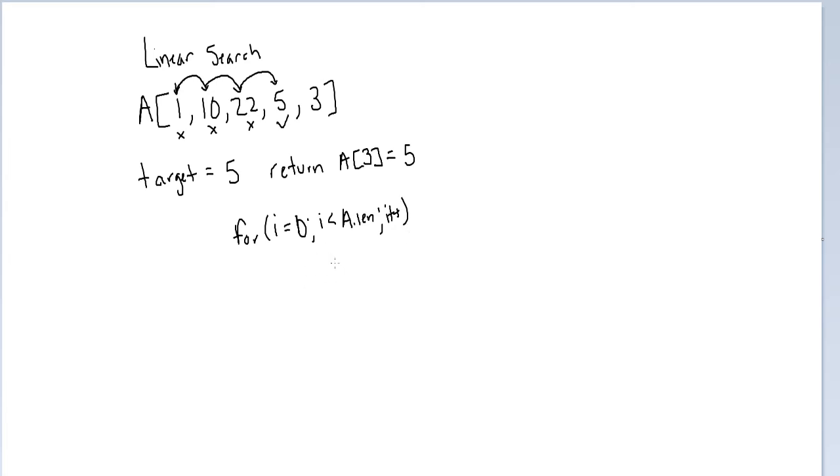Then if target is equal to a[i], then return a[i], or you can return i, because that would be the index.